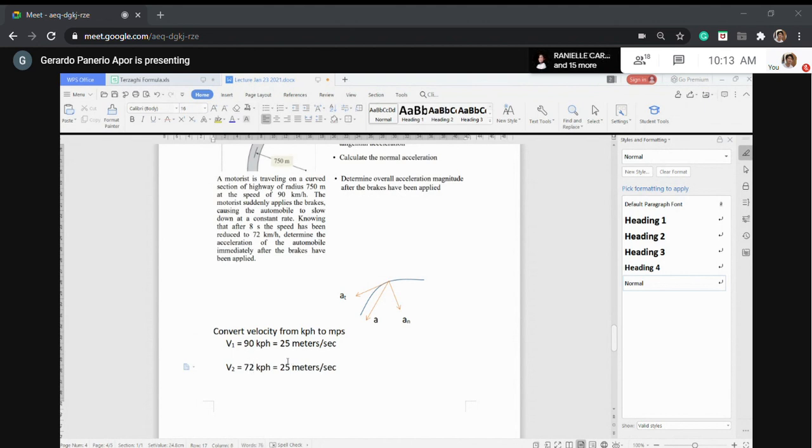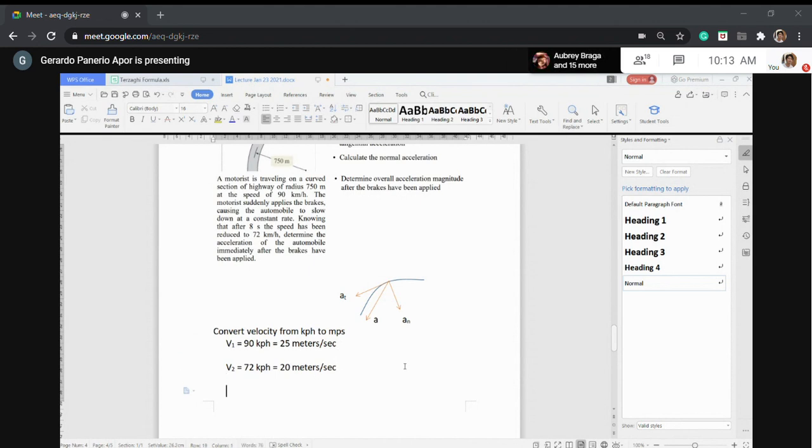So we have 72,000 divided by 3,600 equals 20 meters per second. That is the effect of the braking.